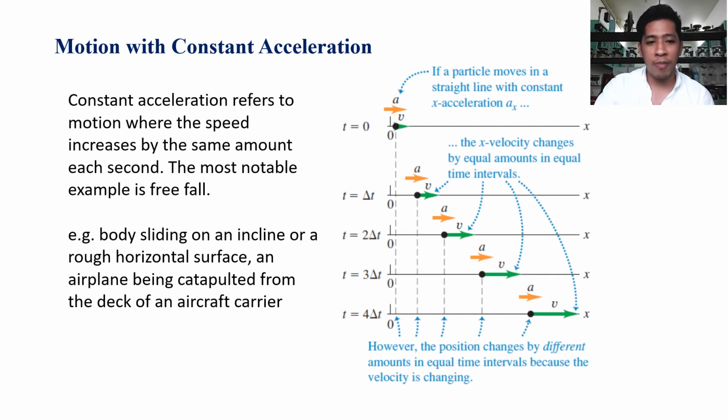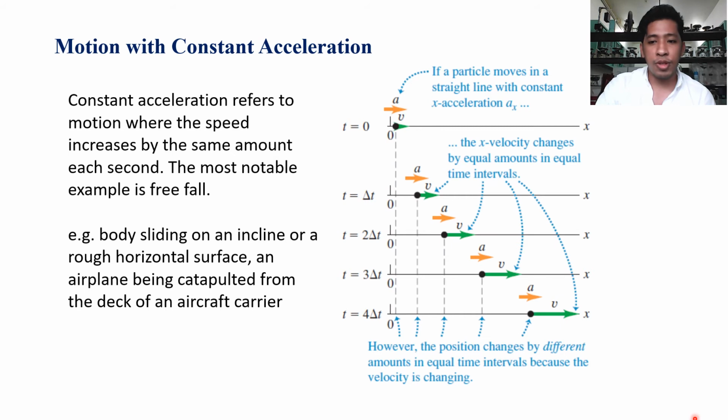This is how your particle or your body moves if it moves with constant acceleration. It starts with a velocity v, and if the particle moves in a straight line with constant acceleration, the velocity changes by equal amounts in equal time intervals.